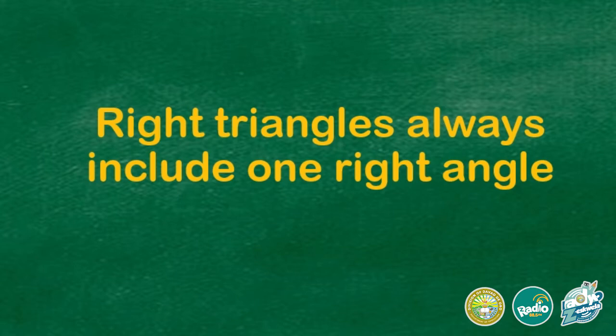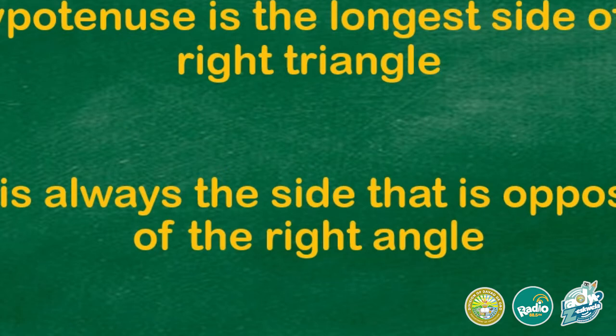The hypotenuse is the longest side of a right triangle, and it is always the side opposite the right angle.